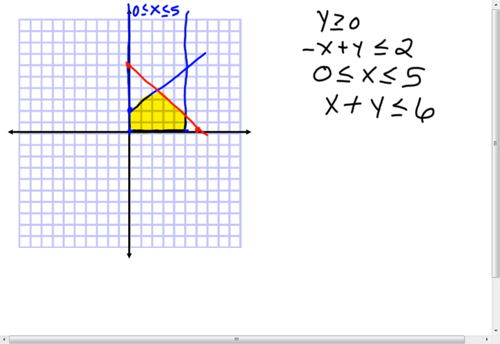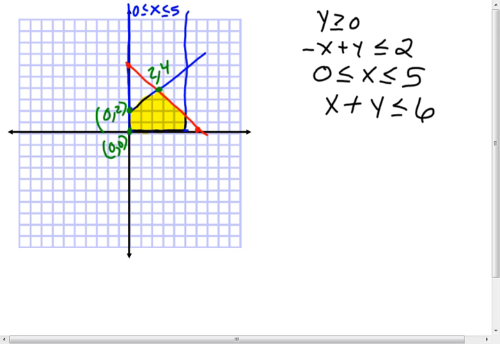Let's go ahead and put all of these in green. We have the origin. We have this point, which is 0, 2. We have the origin, 0, 0. We have this point in the middle, which we know if we graph this using lines would be 2, 4.